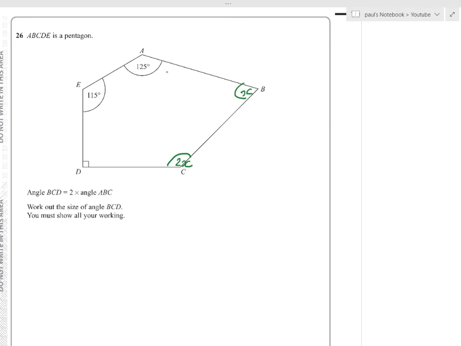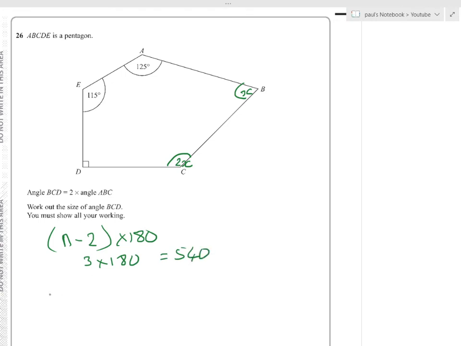First of all, you've got to work out the sum of the internal angles of a pentagon. The number of sides, take away 2, times 180. It doesn't matter whether it's regular or not. So we've got 3 times 180, which is 540.